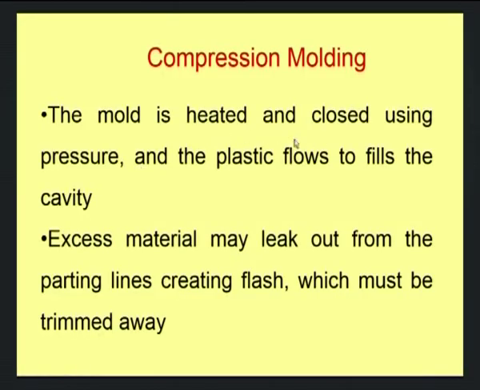Next, the mold is heated and closed using pressure, and the plastic flows to fill the cavity. Now, there might be some excess material that will squeeze out from the mold, and that will create flash. This has to be trimmed away in secondary operations.